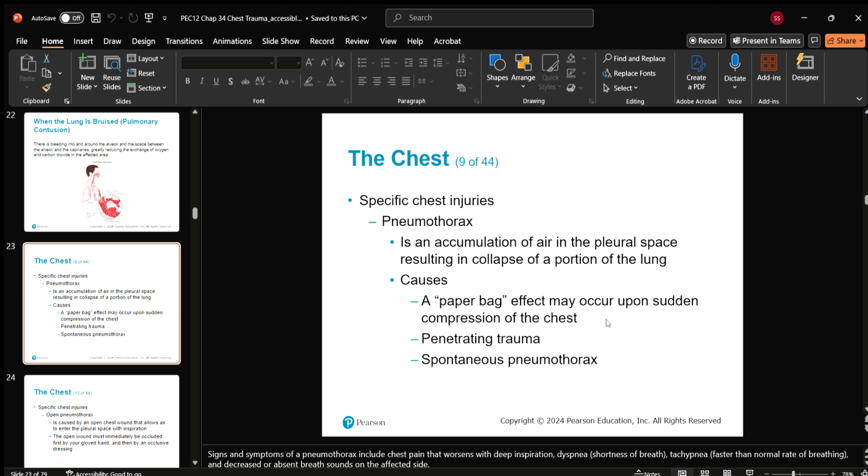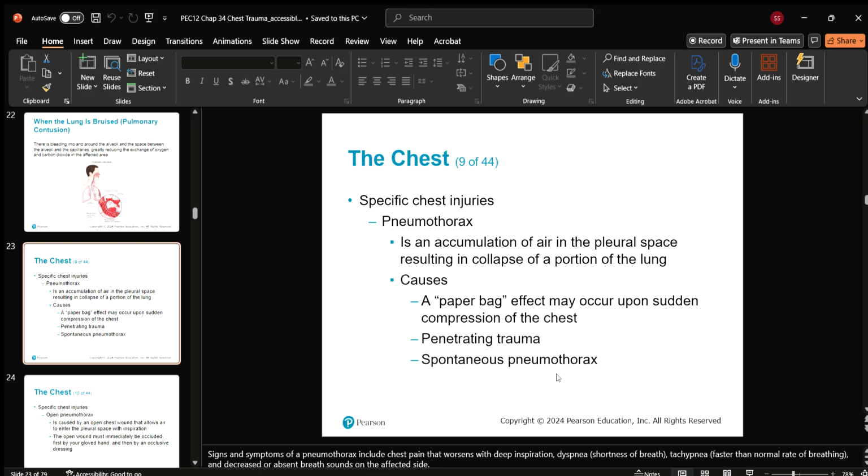And this can occur when someone is maybe taking a full breath and then they get into an accident, boom, they hit their chest on the steering column, and that paper bag effect, because of the fully expanded lung, it just gets injured and it can pop. It can pop. And then you also have other individuals that can be victims of spontaneous pneumothorax.